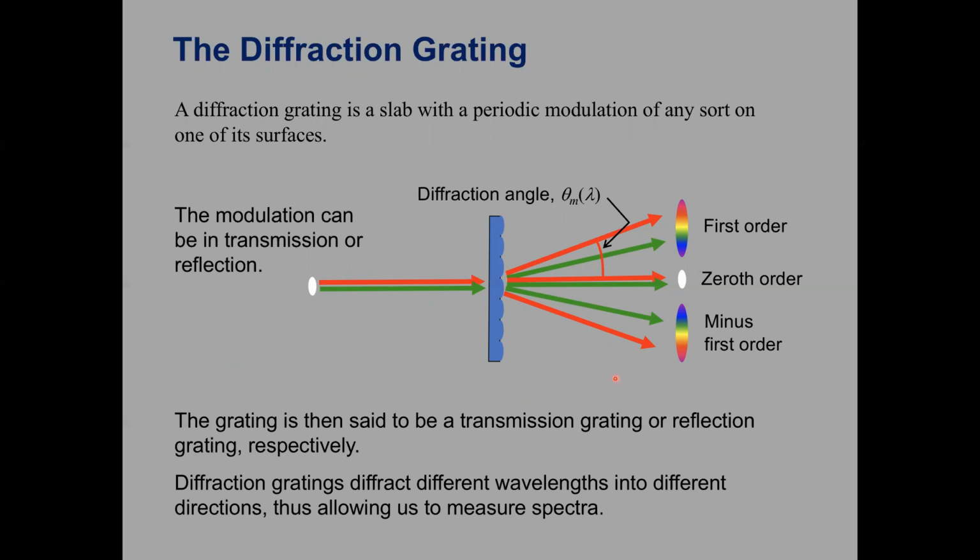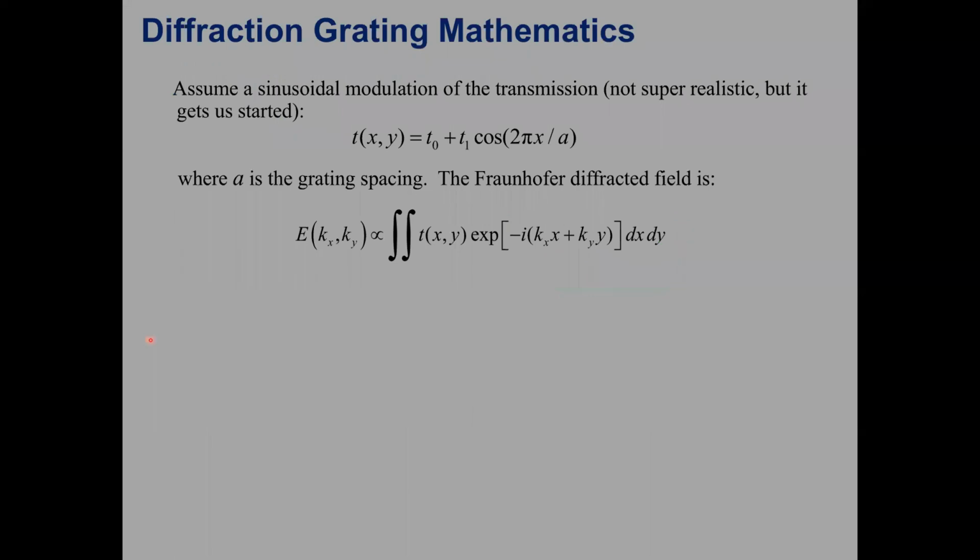So we're going to talk about how we predict where these positions are today, and also how this works in an application standpoint in a spectrometer. So starting with the mathematics, it starts just as with all other diffraction problems, we start with the Fraunhofer diffraction integral, the Fourier transform of our function describing our aperture.